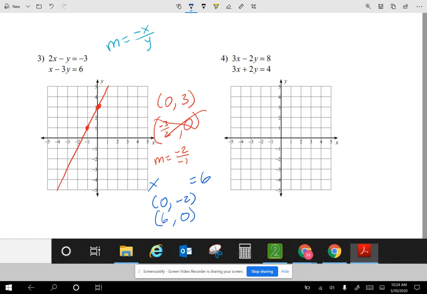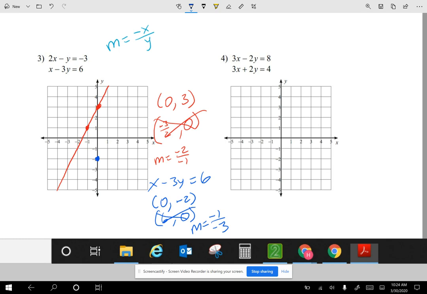Now, unfortunately, one of my points I cannot graph. I cannot graph the point 6, 0. So let me get the slope. Remember I said negative x over y, so I'm going to use negative 1. I switch the sign on the number in front of the x, over negative 3. So I can do the point 0, negative 2.